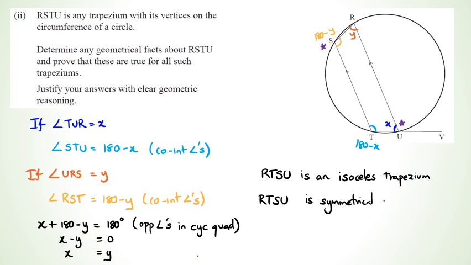Now this is going to be true for all trapeziums inside a circle because of that cyclic quadrilateral rule. So you can just say this is true for all trapeziums inside a circle.